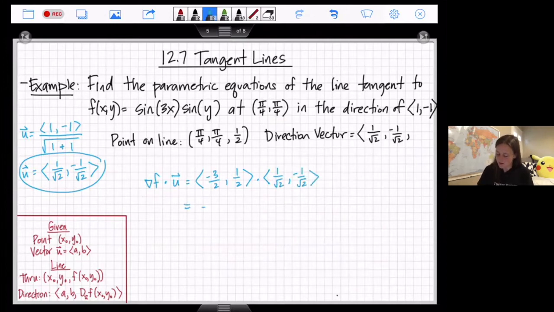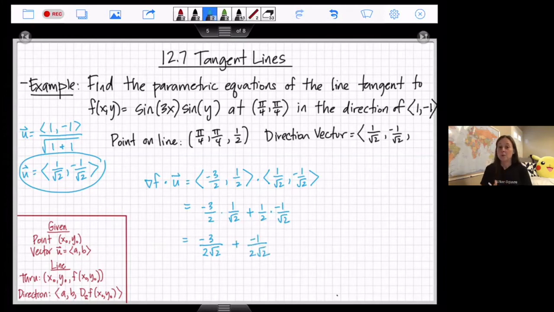So we're going to have -3/2 times 1/√2, plus multiply y components, so 1/2 times -1/√2. And we've got -3/2√2 plus -1/2√2.